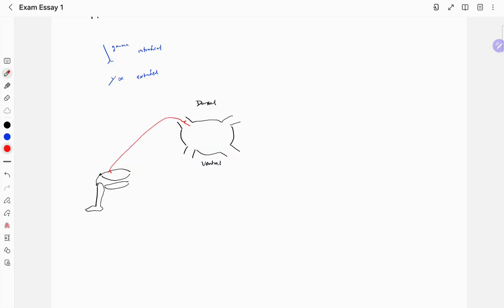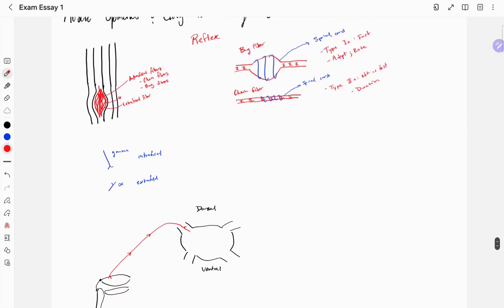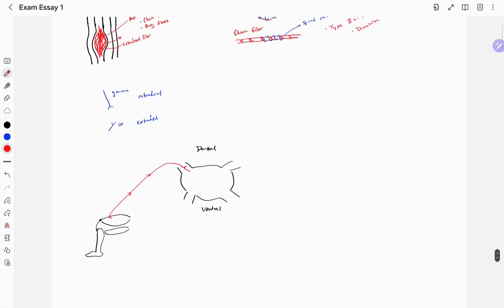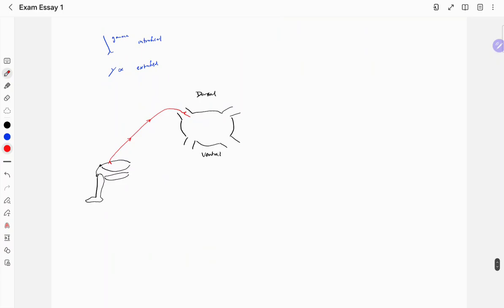and this is going to be sending a signal to the spinal cord. If this muscle is stretching, or I should say these muscle spindles are stretching, that's going to send a signal to our spinal cord through the dorsal horn.